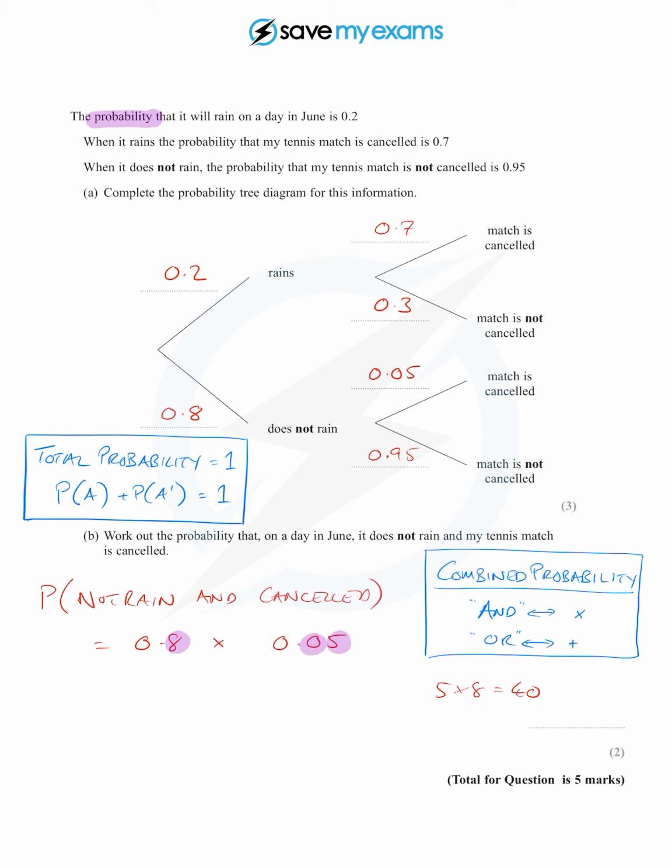Okay, so how do I write 40 with 3 decimal points? Let's write that down. Well, 40, I need to put a 0 in front of it, and there's my 3 decimal places. So 0.8 times 0.05 is 0.040, or if you like, just 0.04, and that is the probability I'm looking for.